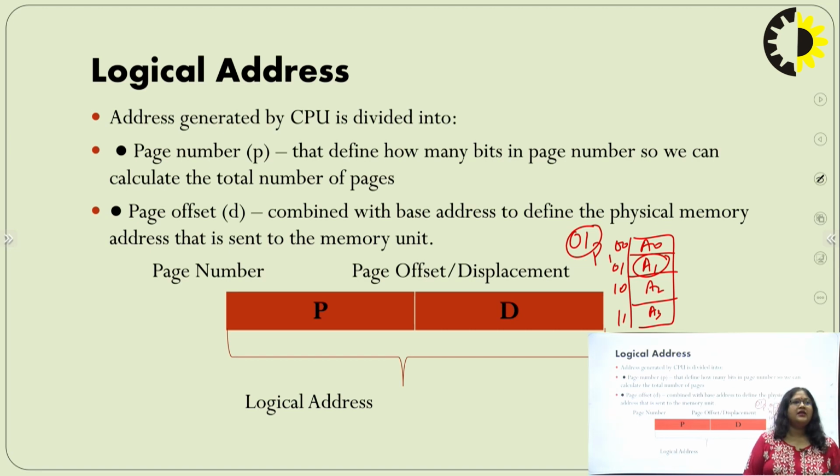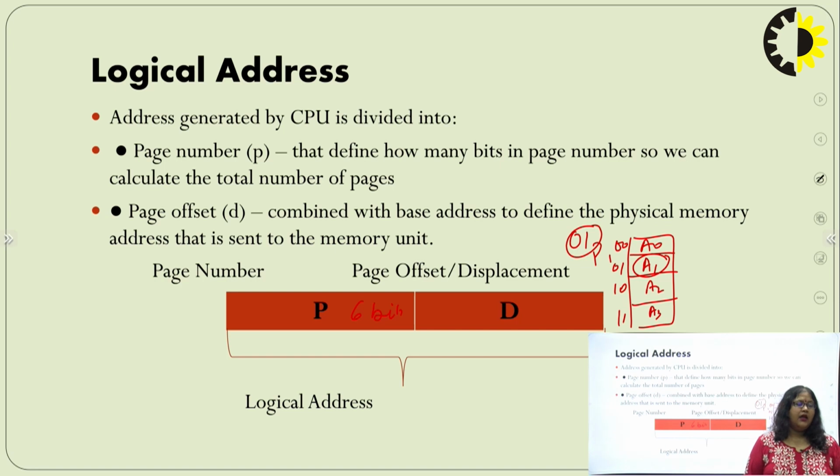So the address generated by the CPU is divided into two parts, page number and page offset. Offset is the same as the page displacement; both are the same thing. The page number field defines how many bits are used, so we can calculate the total number of pages. Suppose the page number is 6 bits. Then how many pages are there? 2 to the power 6, that is 64 pages.